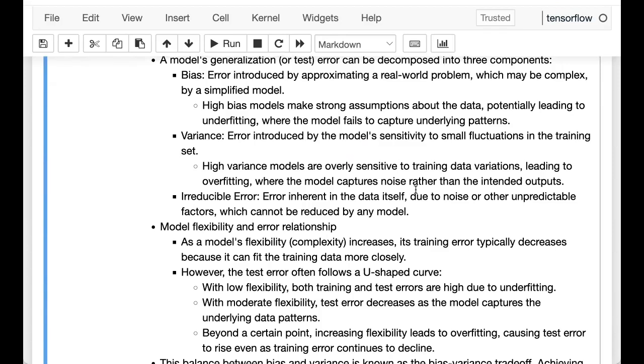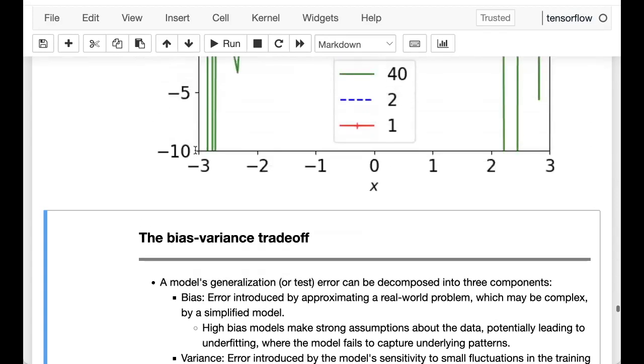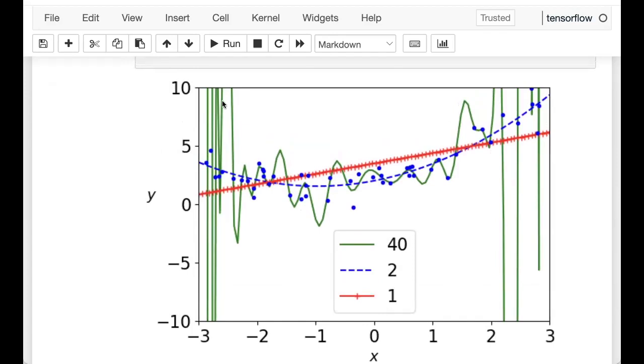And then we have another important part of this error, which is the variance. So variance, as you know from statistics, represents the model's sensitivity or variability to small fluctuations in the input that we have. So high variance models are very sensitive to training data variations, and this leads to what we call overfitting. So the green prediction curve here that we have, this is an example of overfitting.